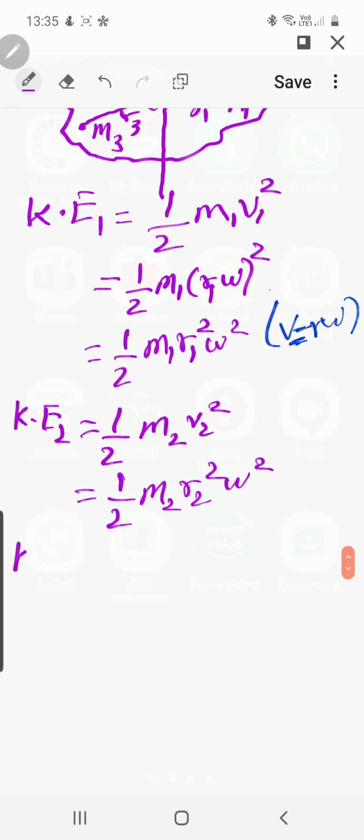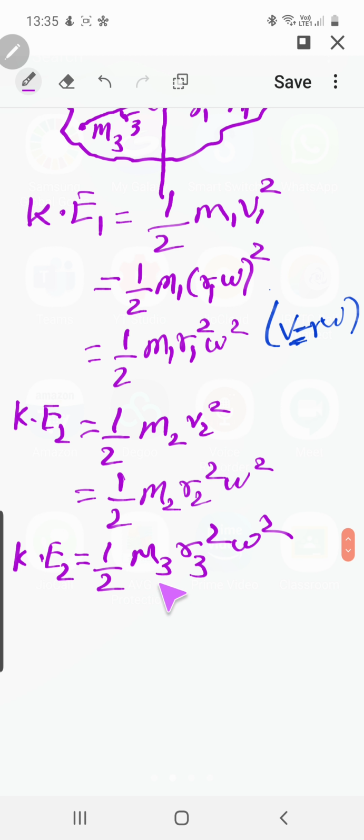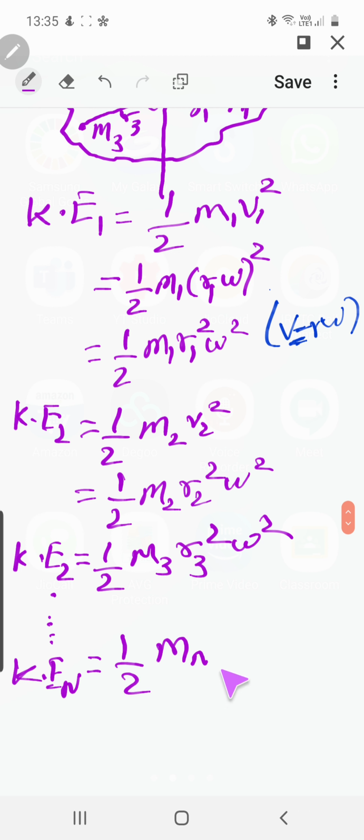For the third particle, Ke3 is equal to half m3 r3 square omega square, and for the nth particle, Ken is equal to half mn rn square omega square.